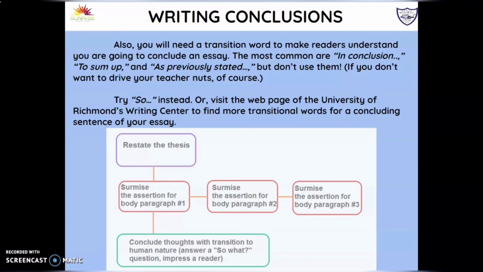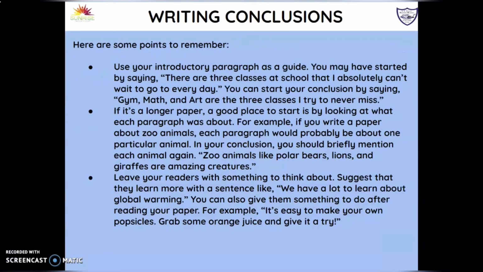You can use so as a connective word, or you can visit the web page of the University of Richmond's Writing Center. It's really great and has a lot of different tips on how to make your conclusion sentence, okay? I will leave you the link attached so you can go check it out.